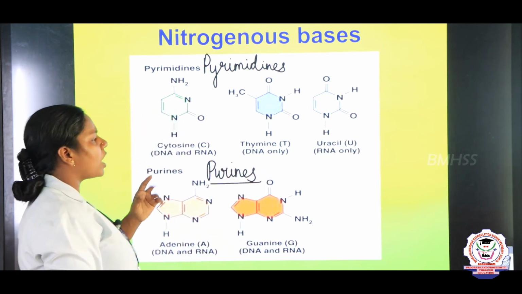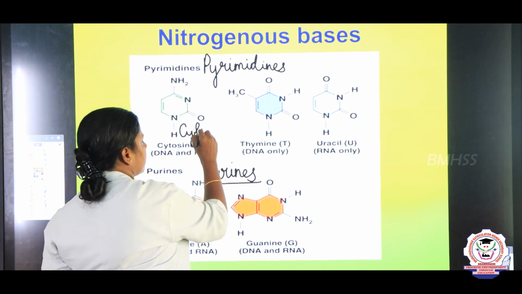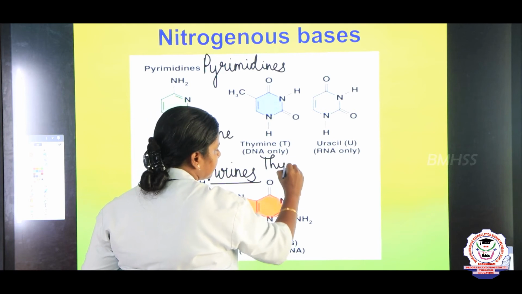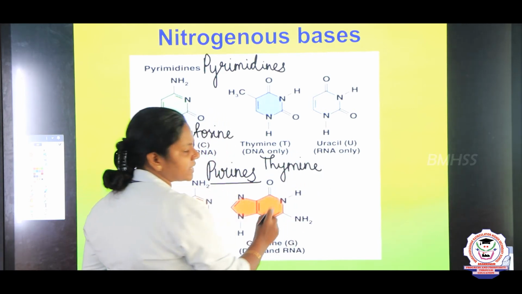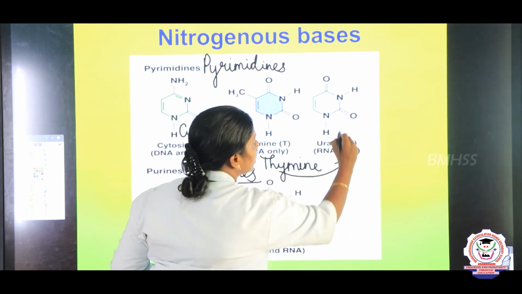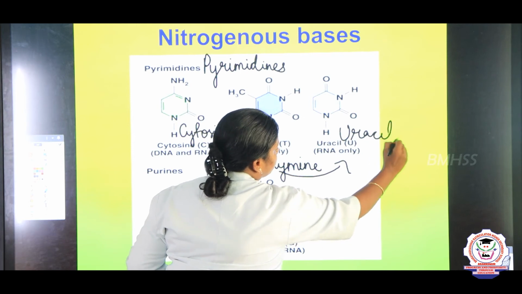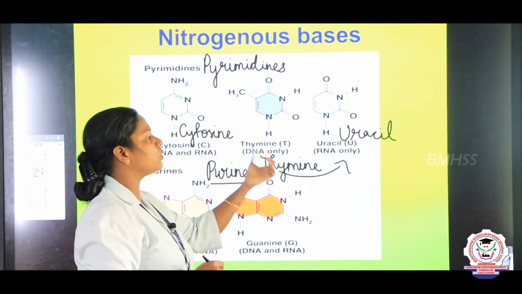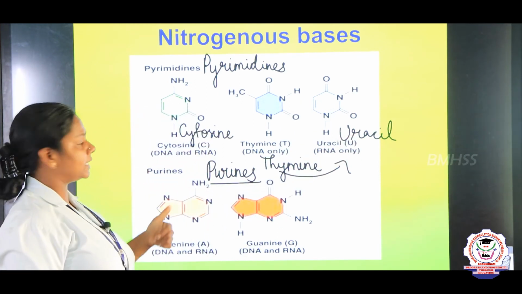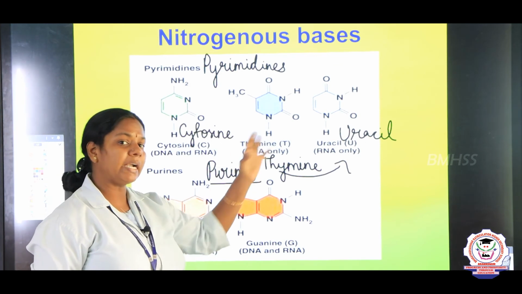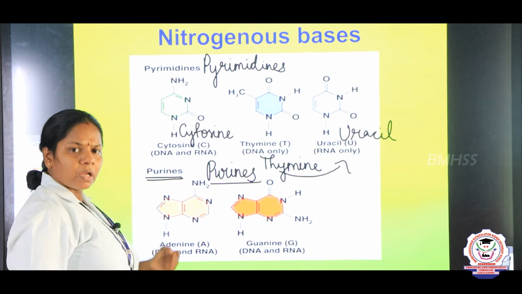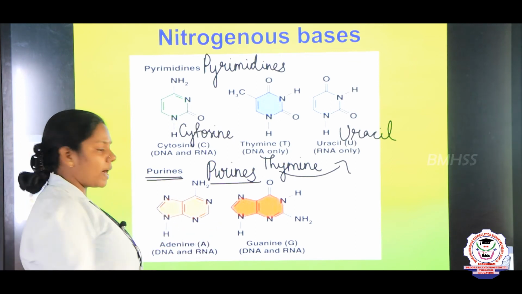The pyrimidines are cytosine and thymine. Thymine is present only in DNA. In RNA, thymine is replaced by uracil. So this is another difference. Thymine is unique to DNA and uracil is unique to RNA. So what are the pyrimidines, children? Cytosine, thymine and uracil. And the purines are adenine and guanine.